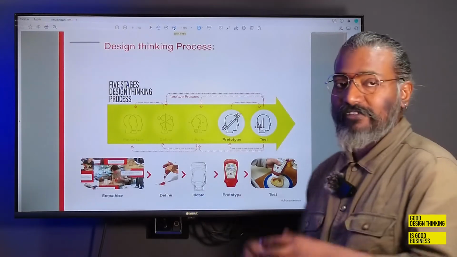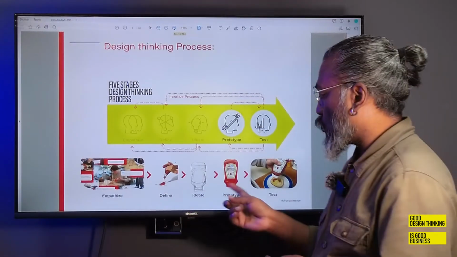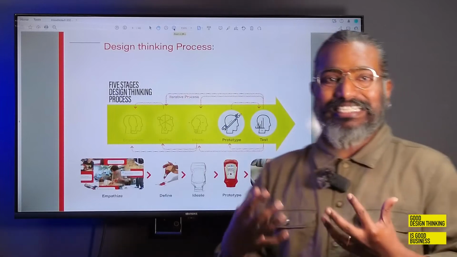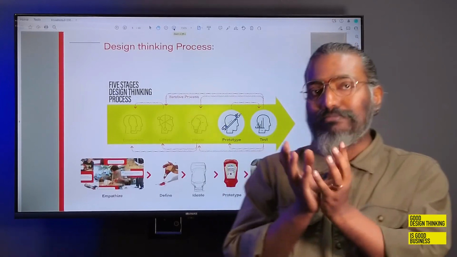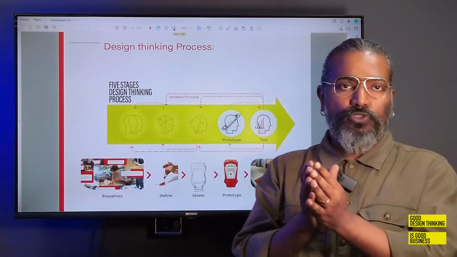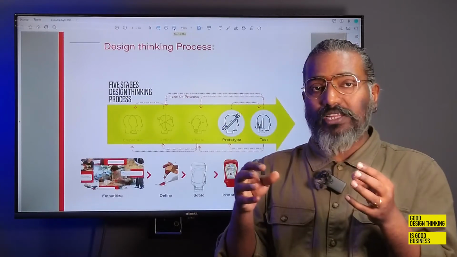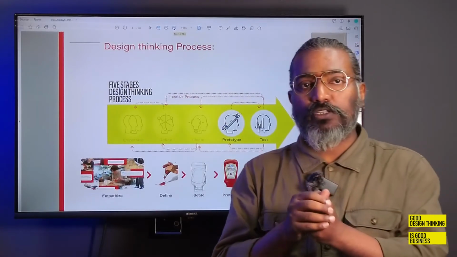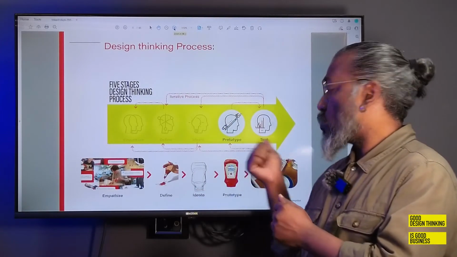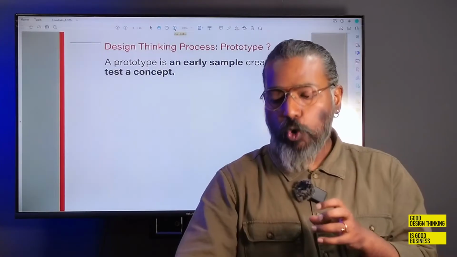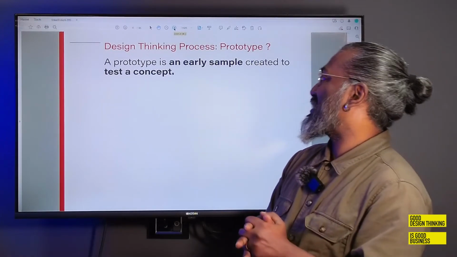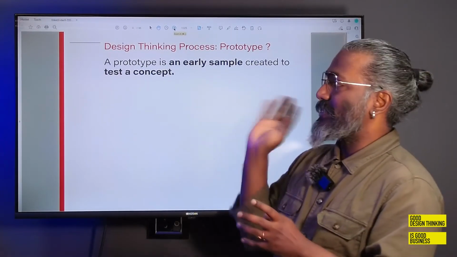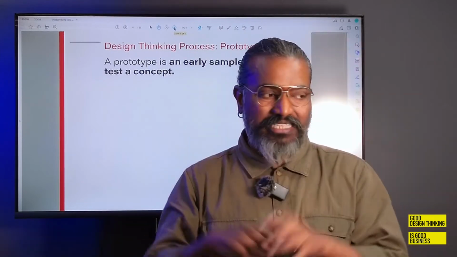Once you have an idea, you're trying to translate that idea into something tangible, or you make a small mock-up or simulation, or you create a beta version of it so that you can go and test it. So in a simple way, prototyping is an early sample created to test a concept.